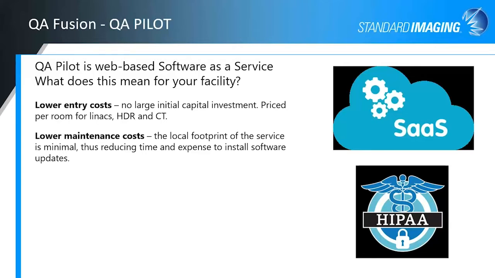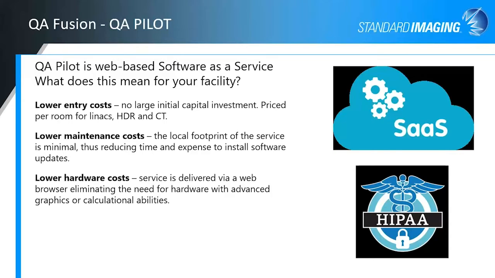We reduce the time and expense to install the software, and the software updates are automatic because, again, this is a web service. We have a dedicated software team, so as things become available, they are simply there in the software as soon as regulatory release has occurred.